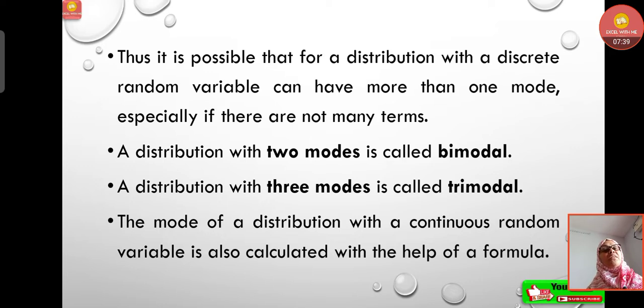Thus, it is possible that a distribution with a discrete random variable can have more than one mode, especially if there are not many terms. A distribution with 2 modes is called bimodal. A distribution with 3 modes is called trimodal. The mode of a distribution with a continuous random variable is also calculated with the help of a formula.